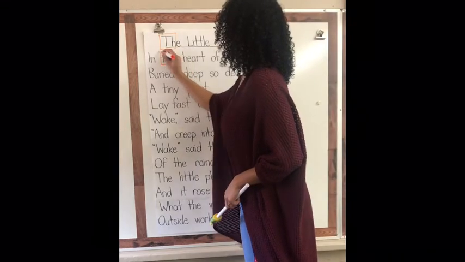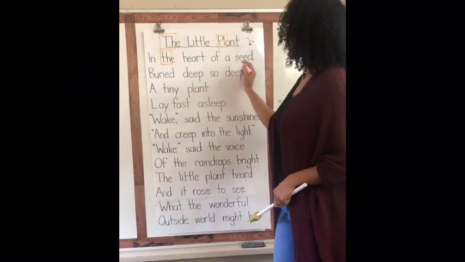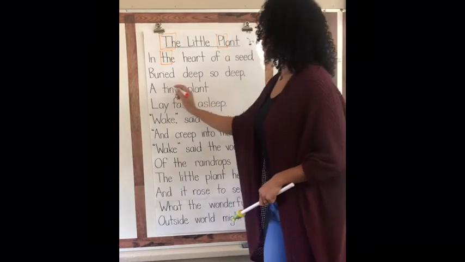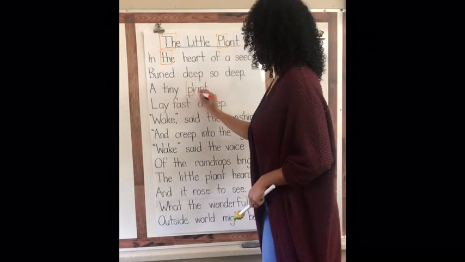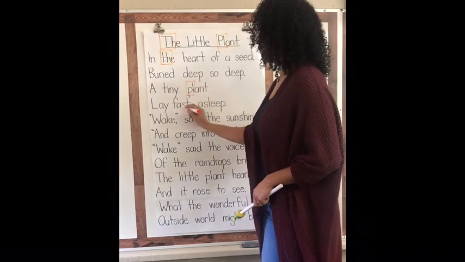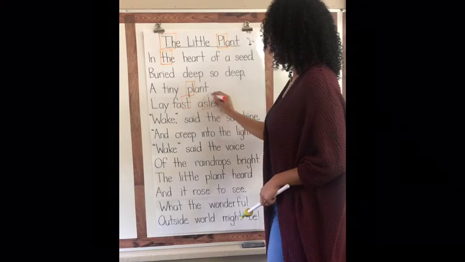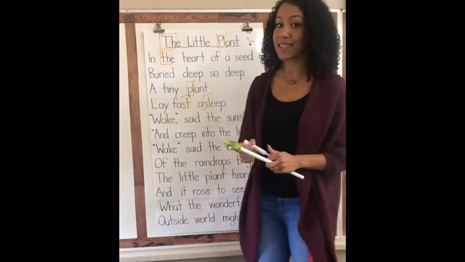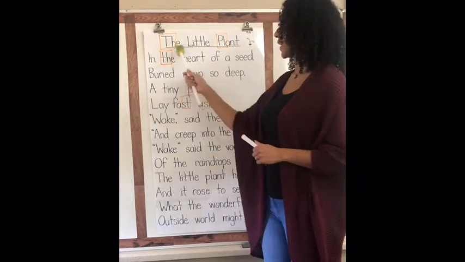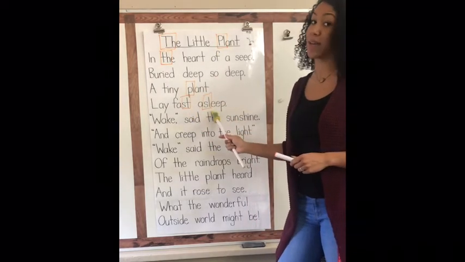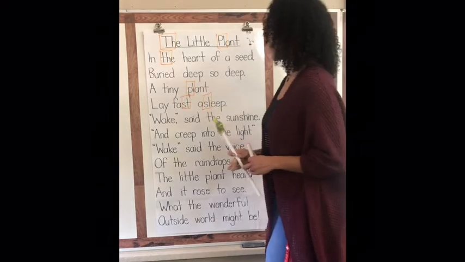So, in the heart of a seed, buried deep, so deep, a tiny plant lay fast asleep. So we see that these clusters, they're not always at the beginning of the word. Sometimes they're at the end of the word or even in the middle. So you really have to keep your eyes peeled.